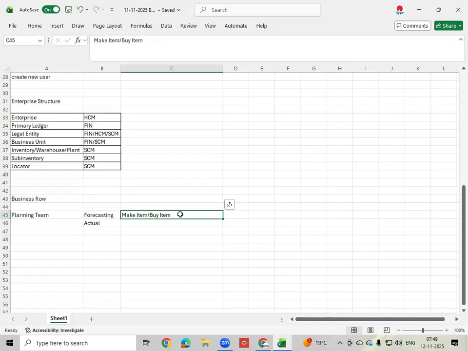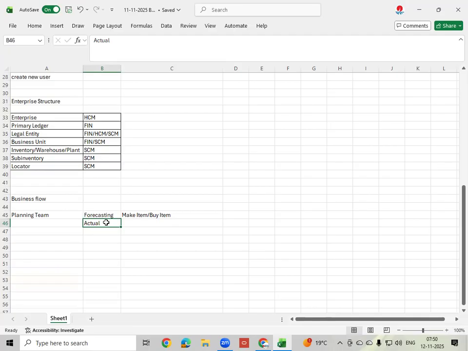Again, there is some detailed subject that we will slowly understand. Based on this forecasting demand, they will purchase raw material, create work orders in the plant, produce, and maintain the stock in the warehouse inventory. Then you will find the actual demand.